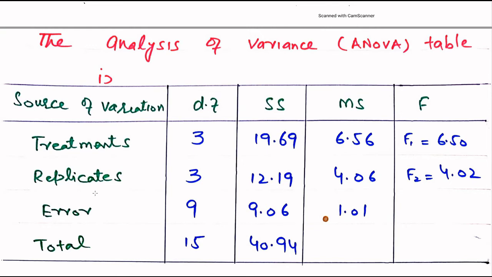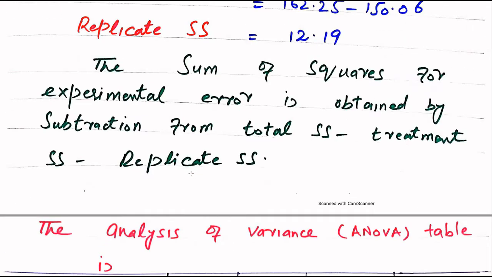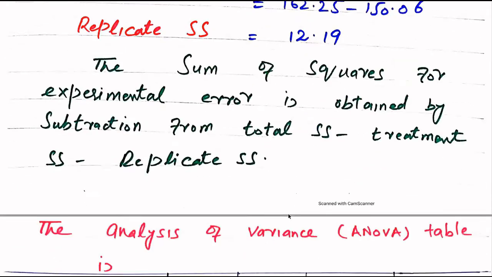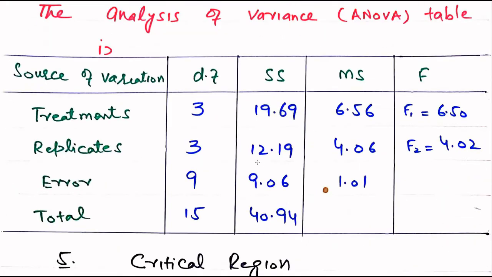Replication degree of freedom is r minus 1, 4 minus 1, 3. The replication sum of square is 12.19. 12.19 divided by 3 gives the mean square, 4.06.